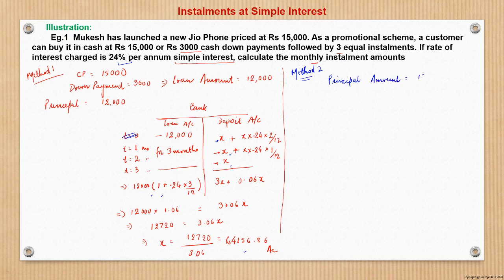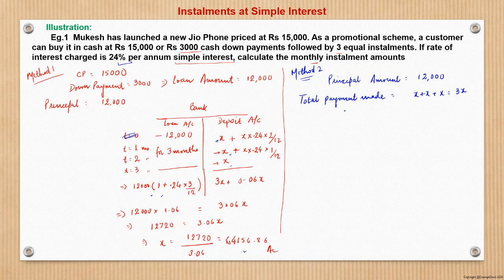The principal amount is 12,000 rupees, and what is the total payment made by the customer? Made is 3 installments of x rupees, so x plus x plus x, which is 3x rupees.